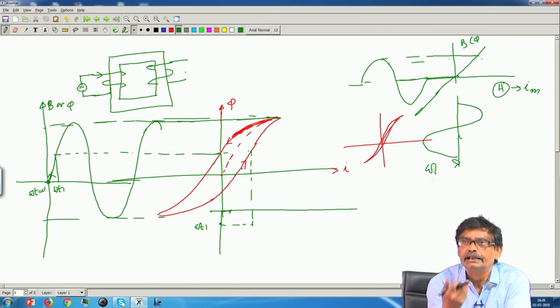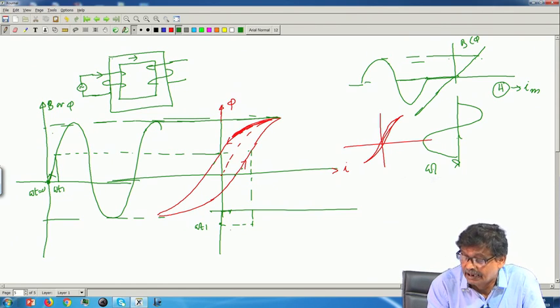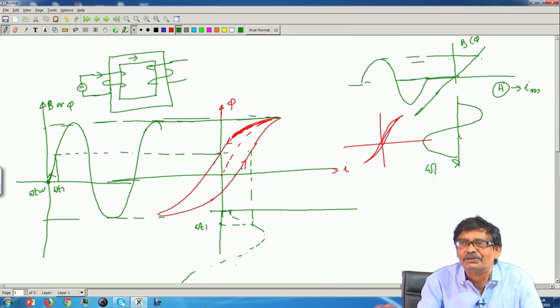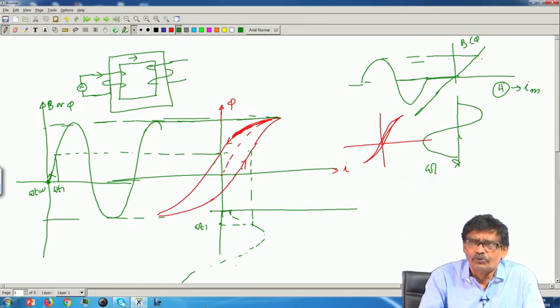That is my ideal thing I am desiring. Here whatever phi is there, that must be phi max cosine omega t. But the current distribution here will not be linear, it will be distorted, but periodic in nature. I am not sketching it here, in the notes I have drawn it nicely.